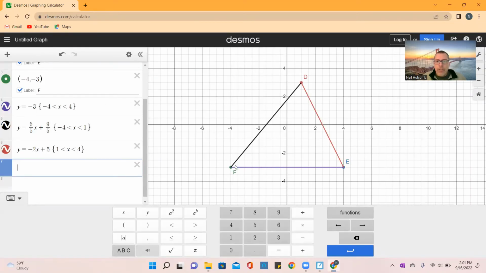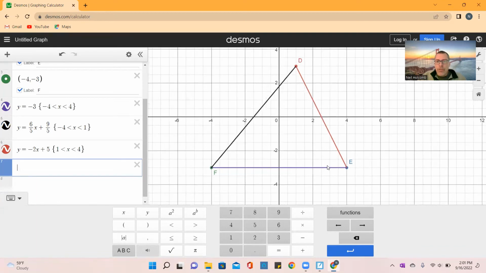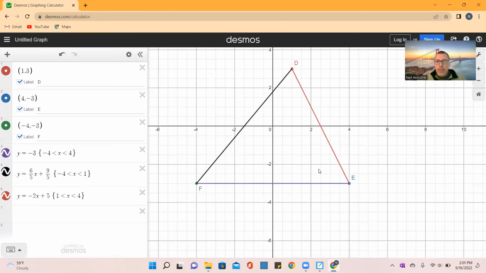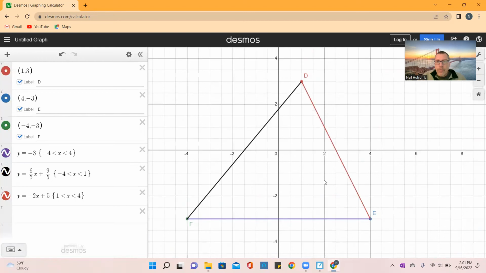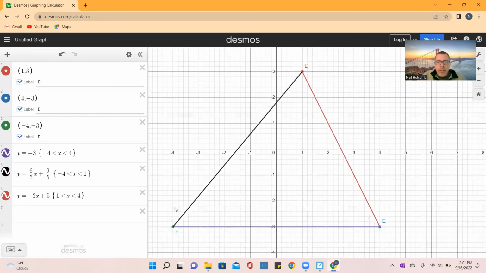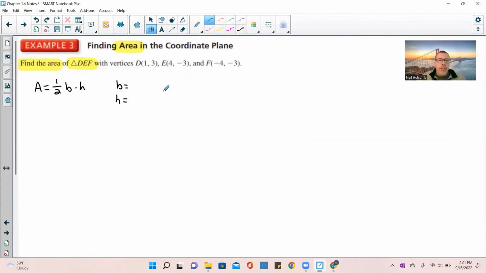I could either count. So let me zoom in so I have all the values showing numbers. Zoom in, zoom in. There we go. So I'm at -4 and I want to go to +4. So I could just simply start here and go 1, 2, 3, 4, 5, 6, 7, 8 and say it's 8. But I'm going to do it the way we learned last chapter and say B, the base, equals the absolute value of the difference of the two endpoints.